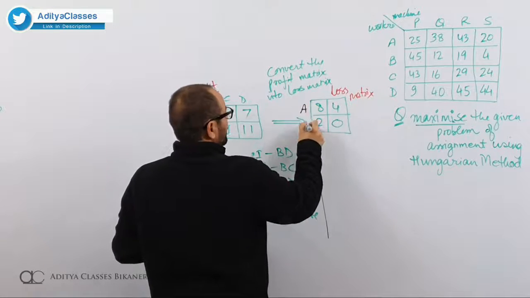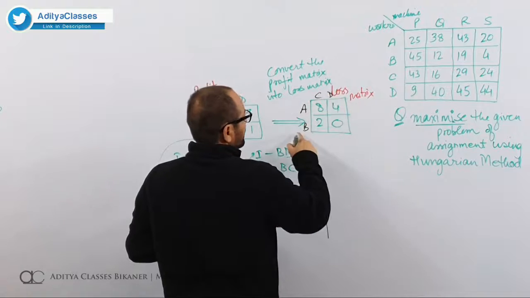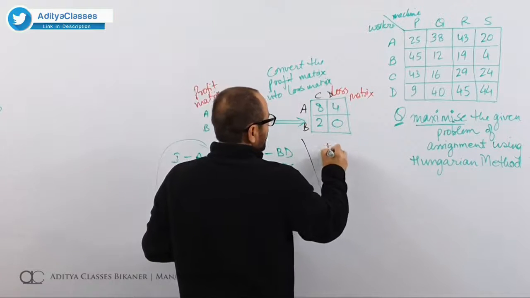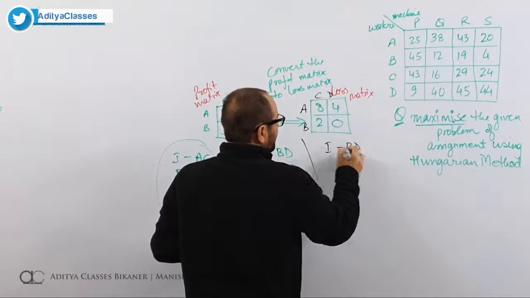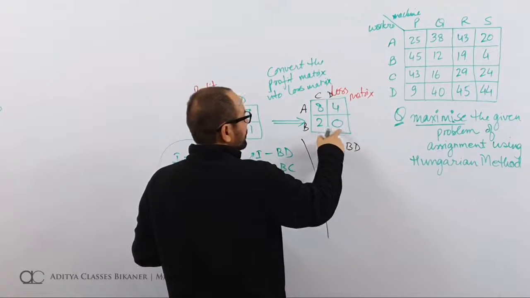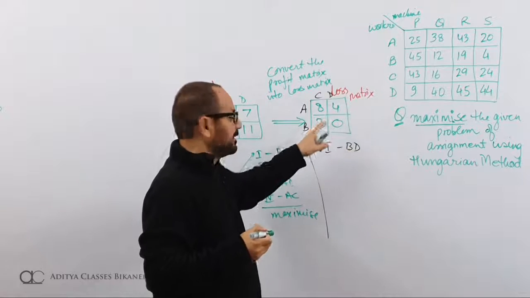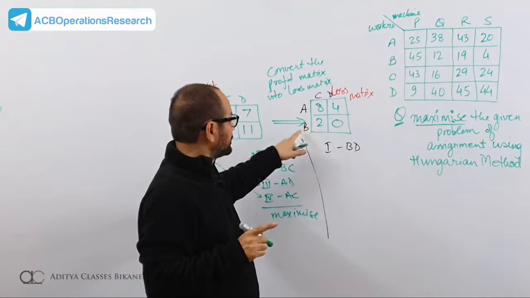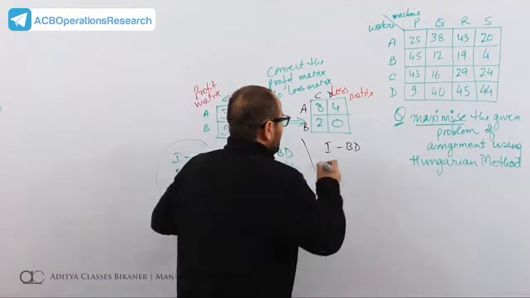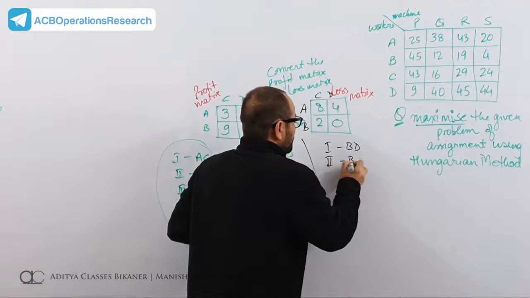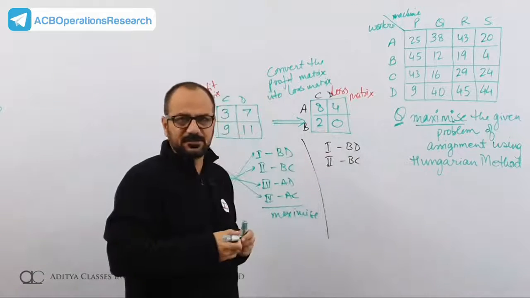I have A, B, C and D. What will be my best choice? 0. That is, first choice will be BD. Now I'm trying for assignments. Second, BC, because this is second smallest.